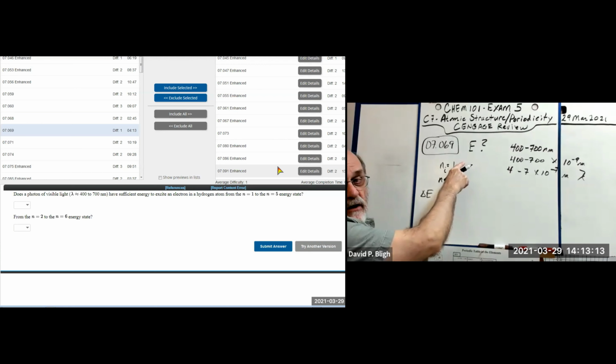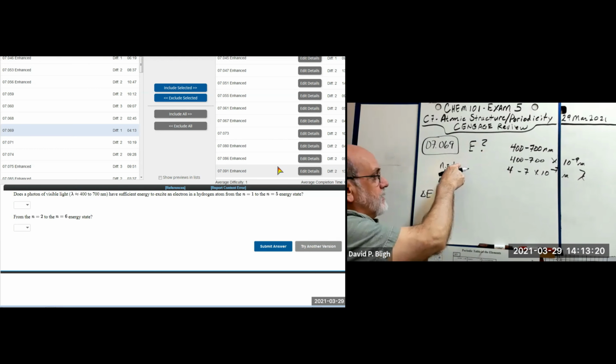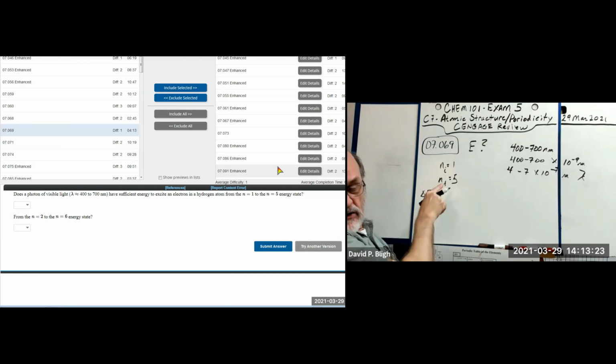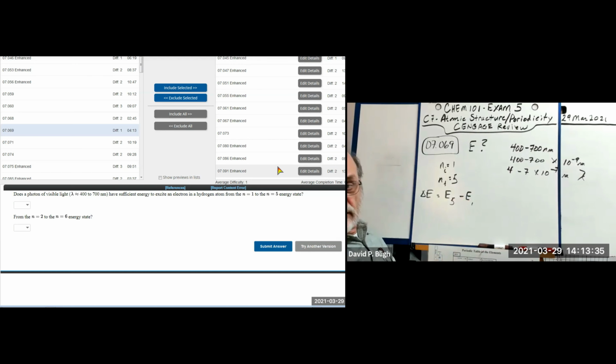Because this electron is at an energy state relative to the nucleus, actually relative to infinity. And this one is at a different energy state. So what we need is the energy for level 5 minus the energy for level 1. That difference in energy is what has to be supplied by the photon. Okay. Well, each one of these has a formula for it.